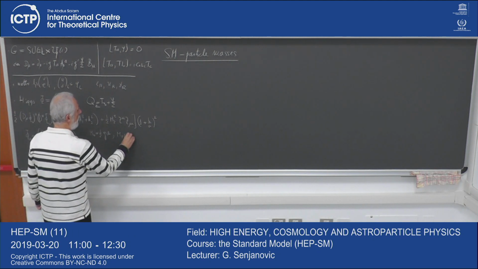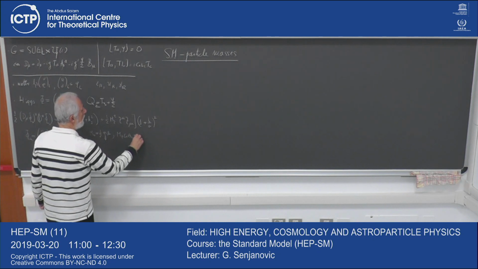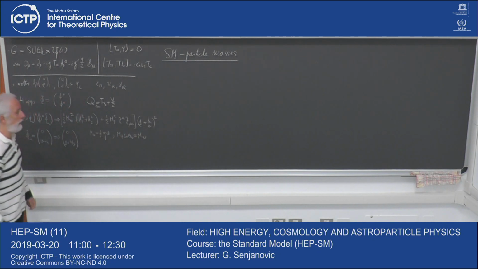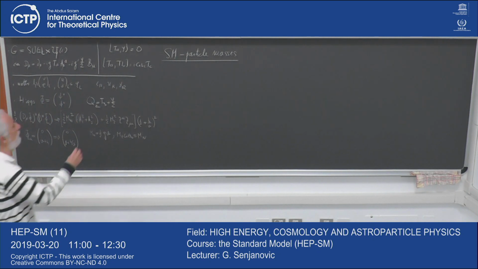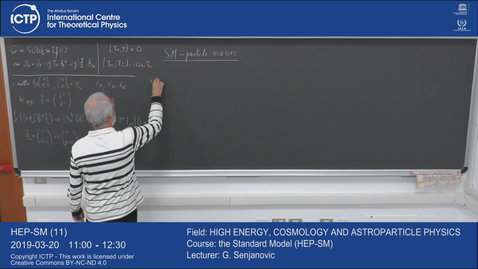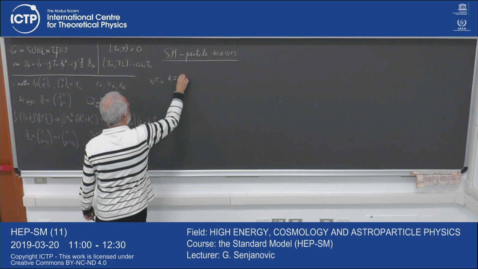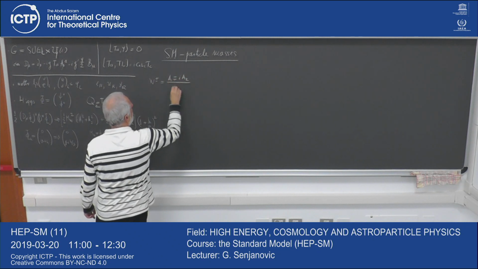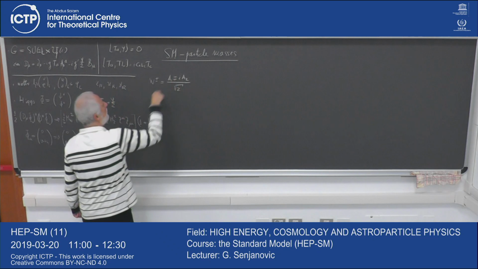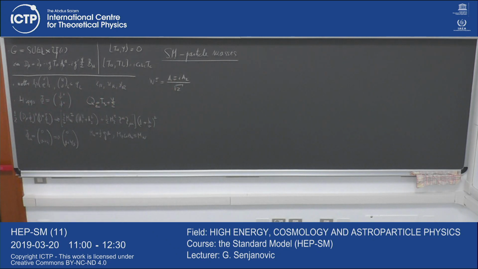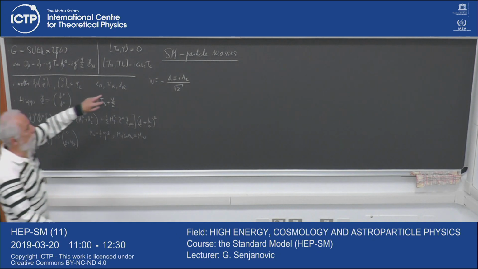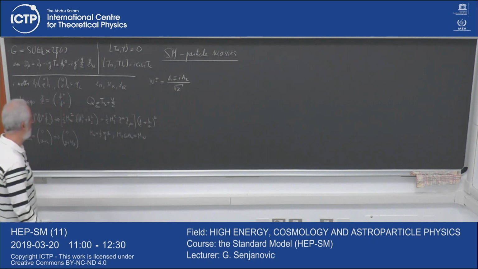We found out that m_Z is bigger. m_W is m_Z cosine theta_W, where I have defined the field W plus minus as (A1 minus plus i A2) over square root of 2. We will see the signs once again when we write the interactions that we wrote before. At the moment it was not clear whether I should put minus, plus, or plus, minus.